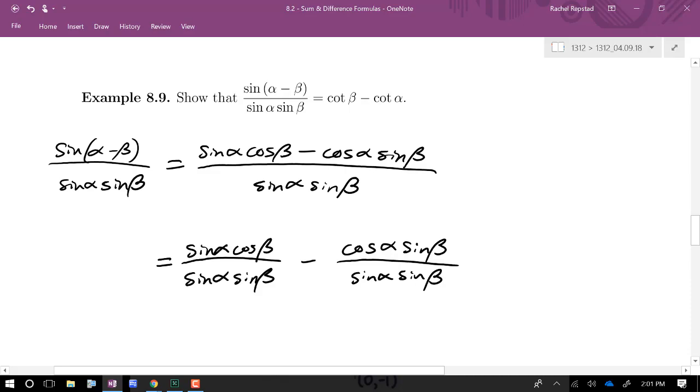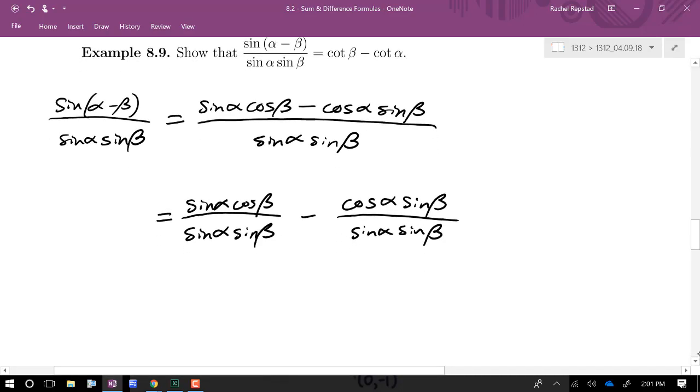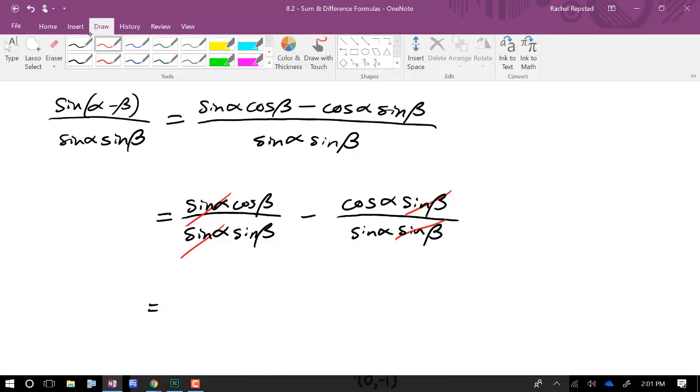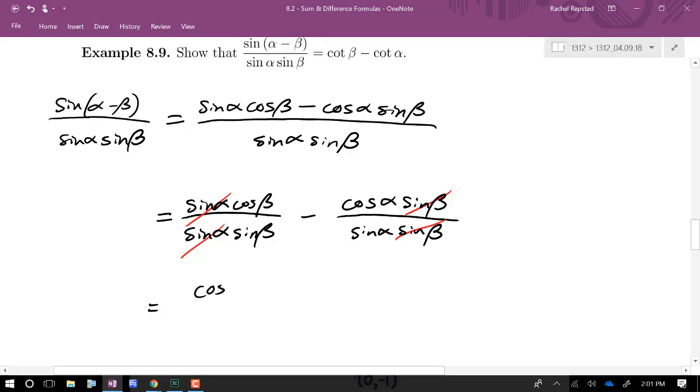Now what? Now we can whip into a frenzy of canceling, which is always the fun part. The sine alphas cancel in the first fraction, the sine betas cancel in the second fraction. So we're left with cosine beta over sine beta minus cosine alpha over sine alpha.